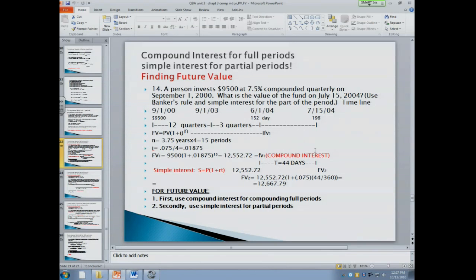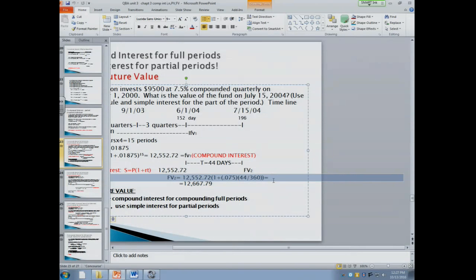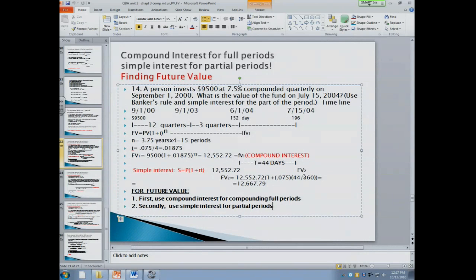And what do we do for part of a quarter? We use the simple interest formula. So from June 1st, '04, which is day 152, to July 15th, '04, day 196, there are 44 days, and we use this simple interest formula.